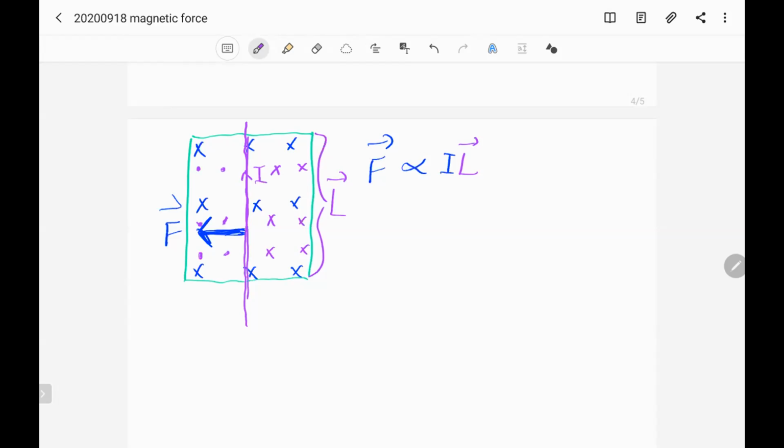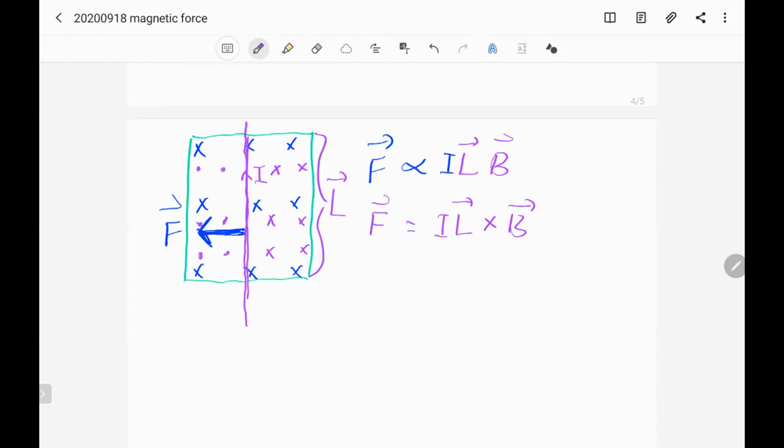The force is also proportional to the magnetic field. If we write down this relation as an equation, the force is equal to the current times the length inside the magnetic field cross the magnetic field. We still use the right hand to determine the direction of the force.